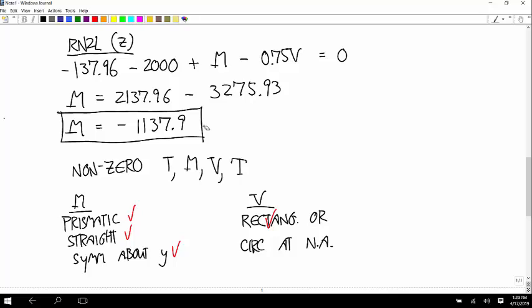And then the last one is the torque. What are the requirements there? Yep, or thin-walled. This is thin-walled, so we're good with all those. So we can do this calculation.